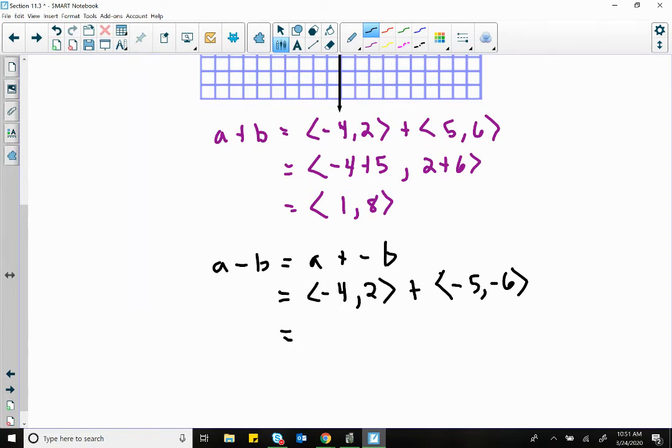And then again, all you're doing is putting the quote-unquote x's together and the quote-unquote y's together. So negative 5 and negative 4 is negative 9. And 2 and a negative 6 is a negative 4. And that's the position vector for A minus B.